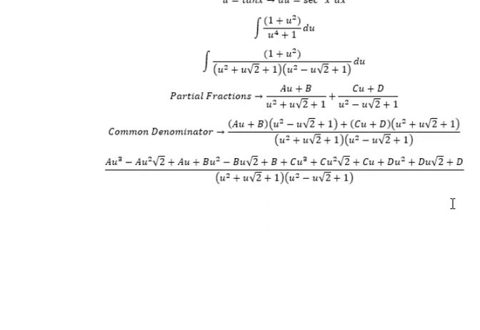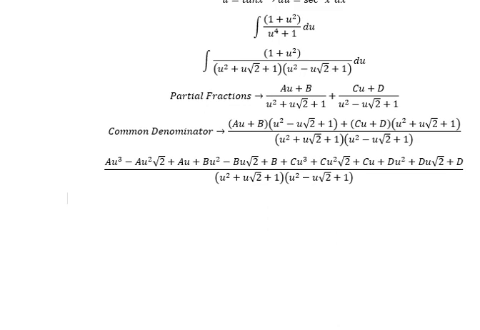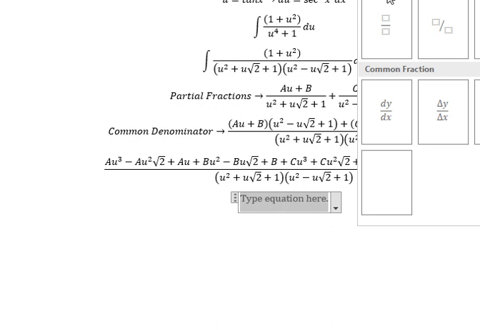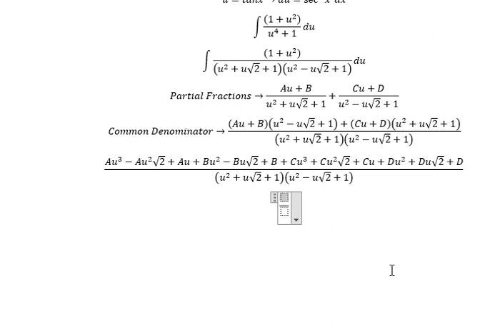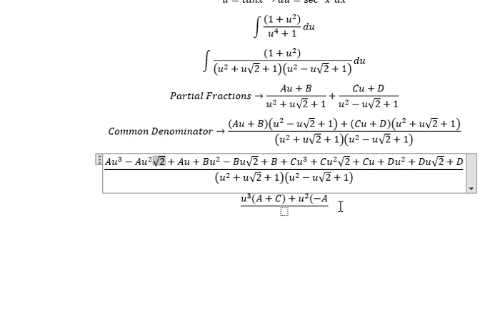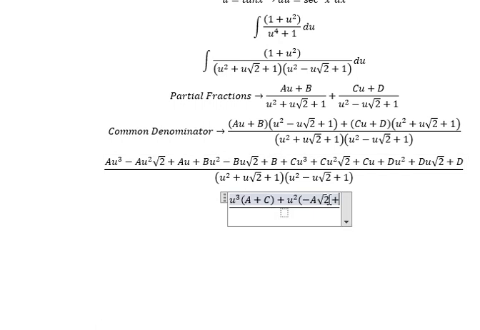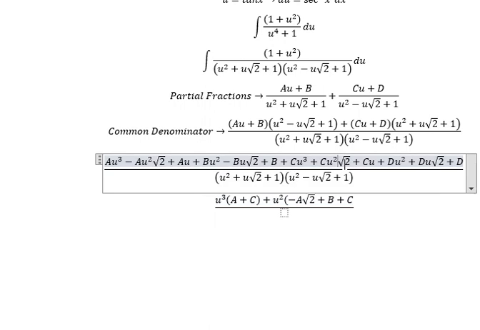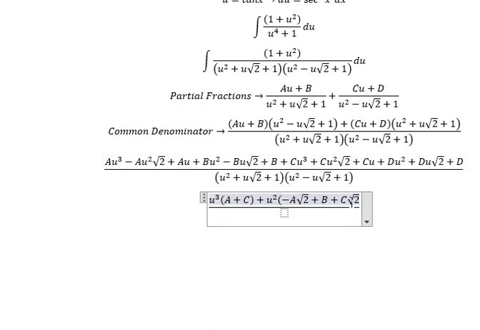Now we need to arrange based on the terms of u. About u to the power of 3, we have a plus c. About u squared, we have negative a with the square root of 2 plus b plus c with the square root of 2 plus d.